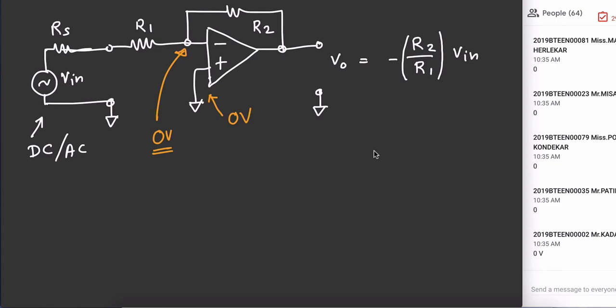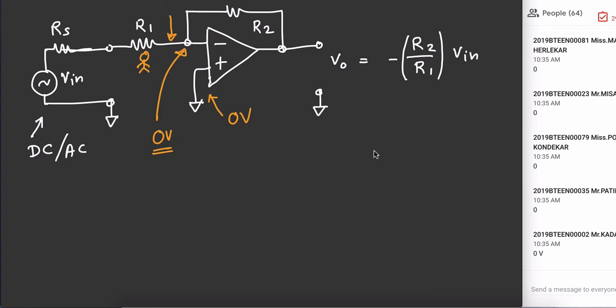Okay. Now imagine that you are R1. So your right hand side, this point is grounded. Yes or no? So R1's right side is grounded, though virtually it is grounded, and left hand side is connected to input.